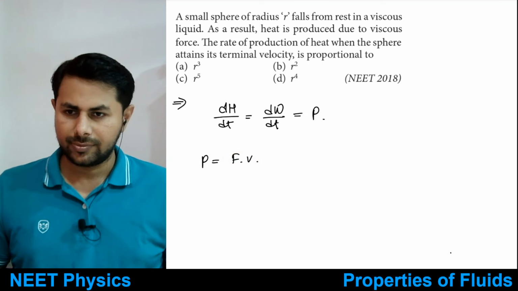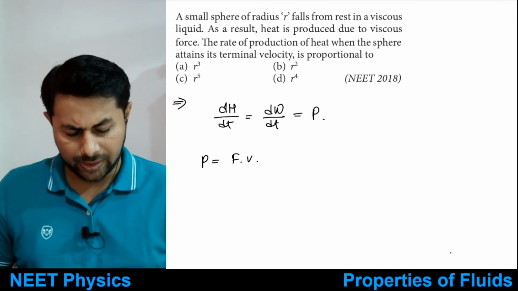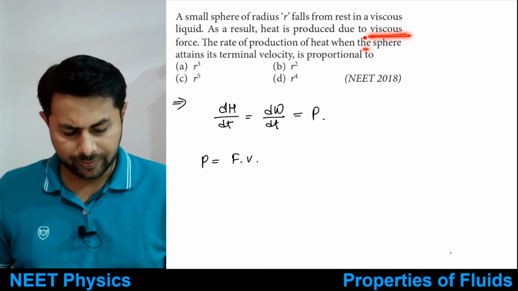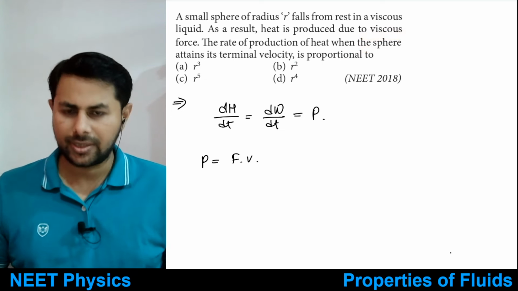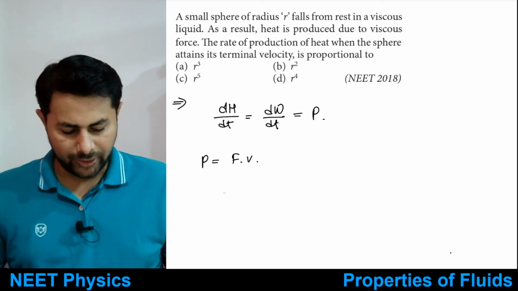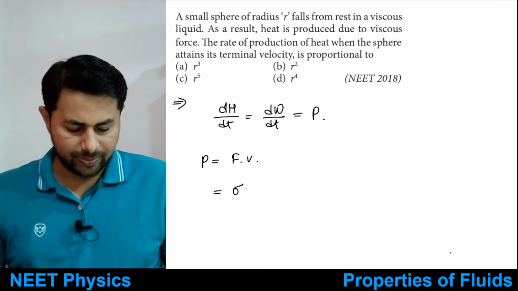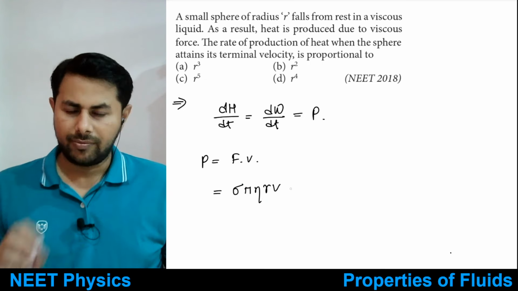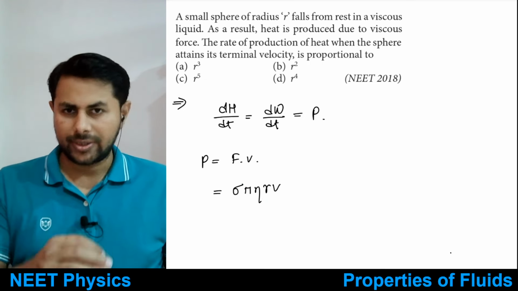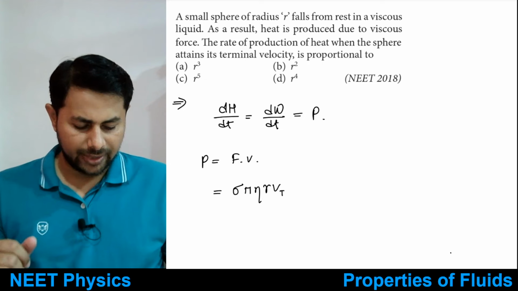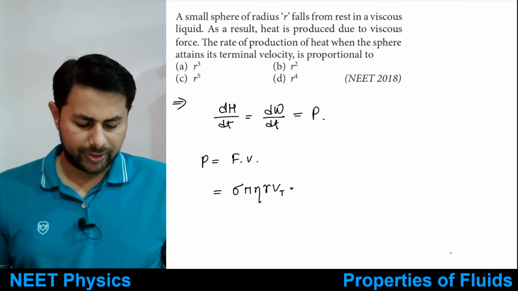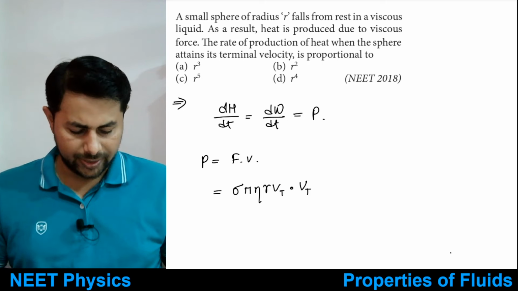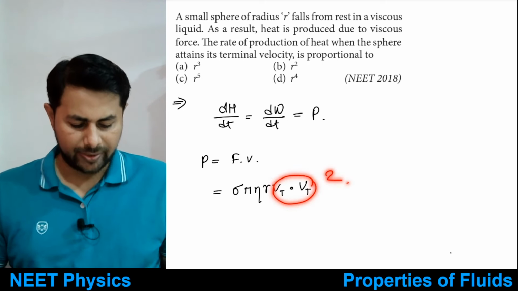Here the force is the viscous force and the velocity is the terminal velocity. So what is the viscous force? It is 6 pi eta r v. Because the velocity is the terminal velocity, let's take v suffix t, multiplied by the velocity, which is also terminal velocity. So you have terminal velocity square.